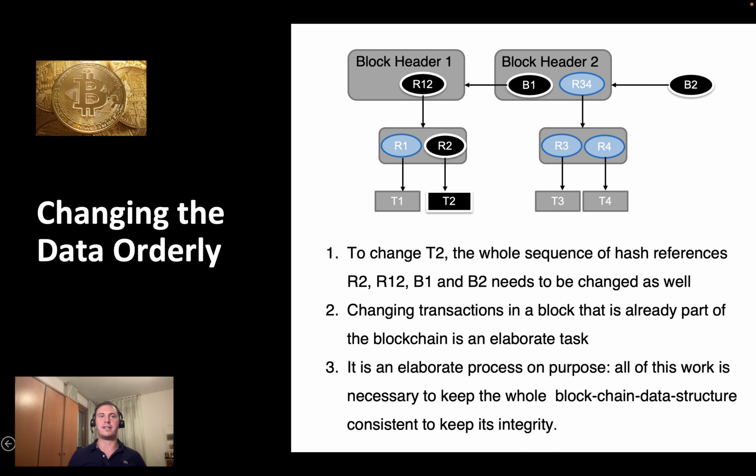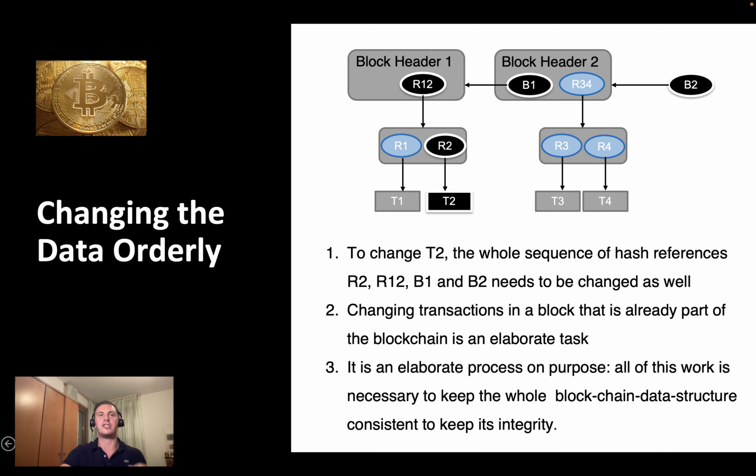In case you want to change the data orderly, if we consider changing or updating some details of transaction 2, T2, we have to subsequently update the whole sequence of hash references R2, R12, B1, and B2. This means all hash references, starting with the one that directly points to the manipulated data, ending with the hash reference that points to the most recent block header, as well as all hash references between them.